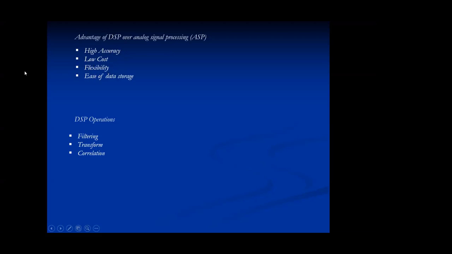Another prime advantage of digital signal processing is flexibility. Suppose I design a filter with a cutoff frequency of some 300 Hz. Initially I want to process an ECG signal. Later I have decided to process an EMG signal, whose frequency is some 700 Hz. So I can simply change the program.